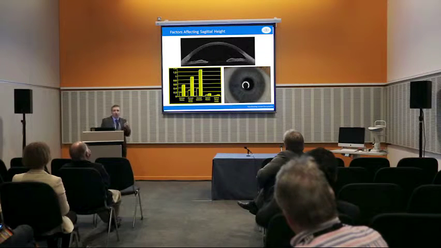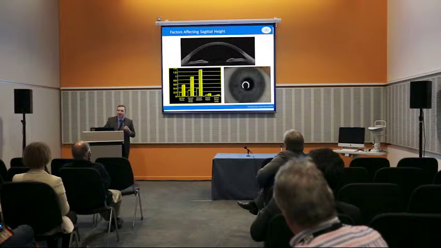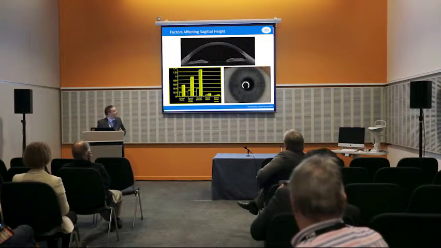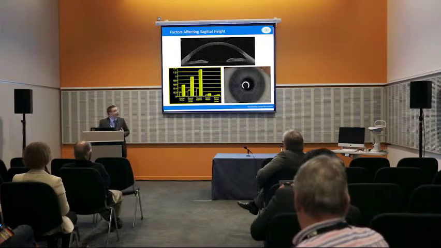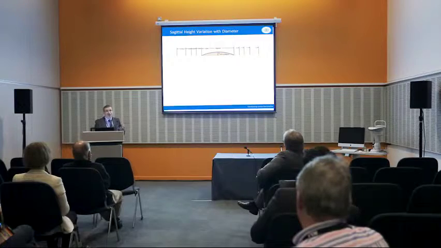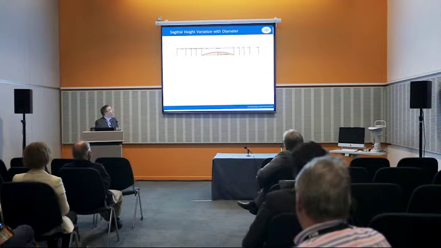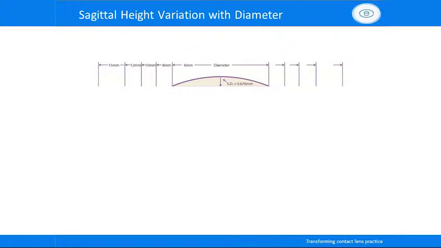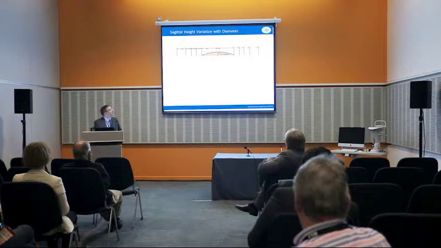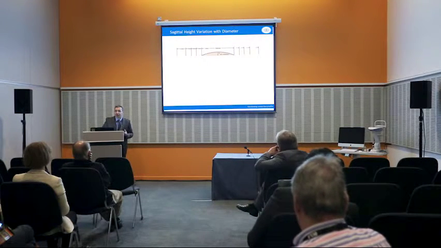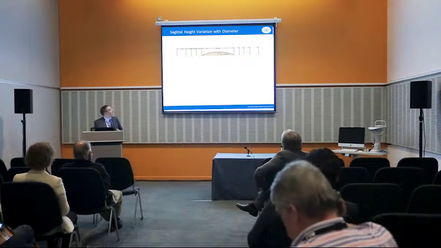And he showed that corneal diameter was the greatest determinant, the greatest factor that changed the sagittal height within the eye. Now, just going back to a very simplistic model, if you take a spherical shape and take a chord of 6 millimeters, you will get a sag of roughly 600 microns.